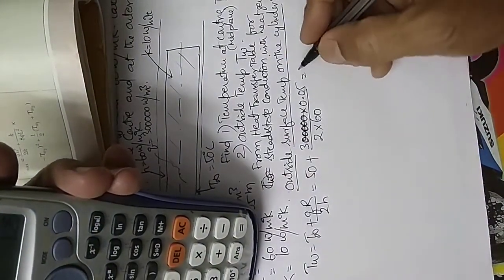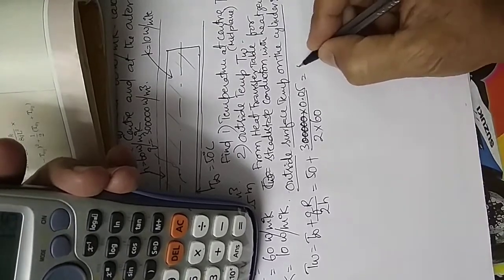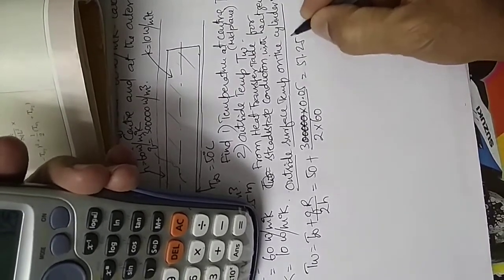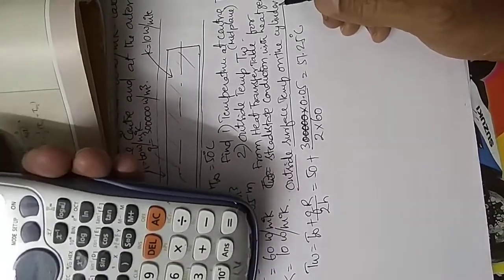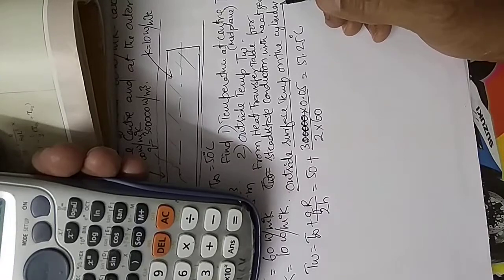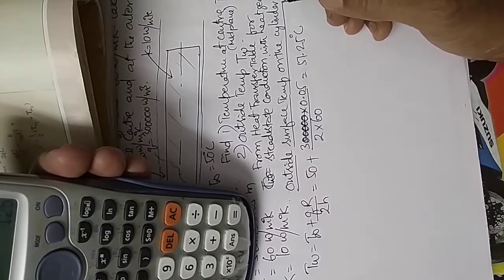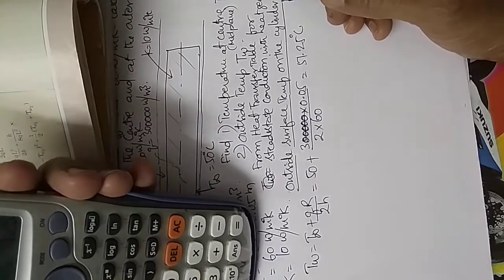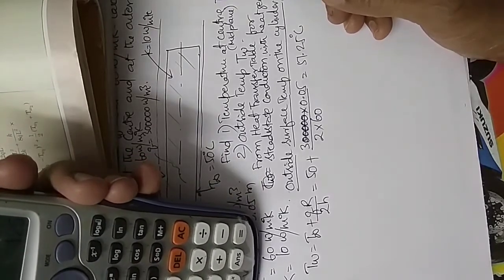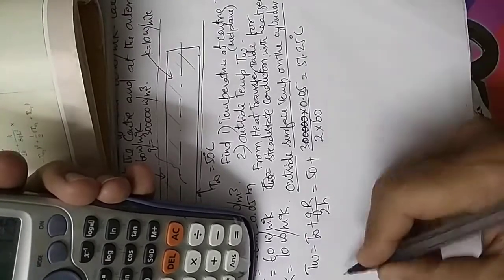So that plus 50, you will get about 51.25 degrees. So this is the temperature of the wall.